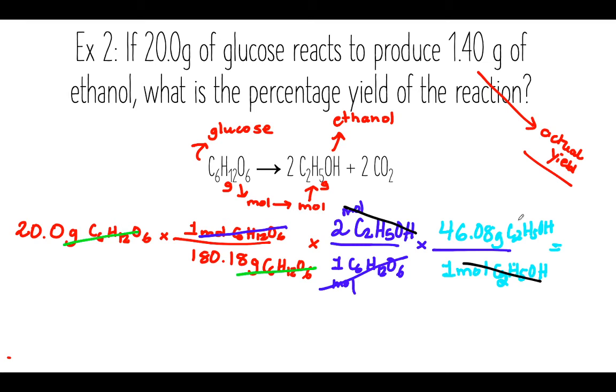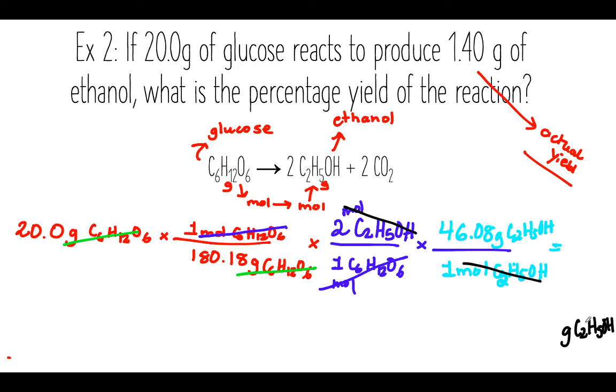So let me type in all of these numbers into my calculator. 20.0 divided by 180.18 times 2 times 46.08. Now, this gives me a number, and this number has the unit of grams of C2H5OH, right? That makes sense.